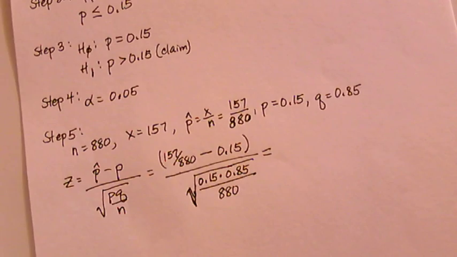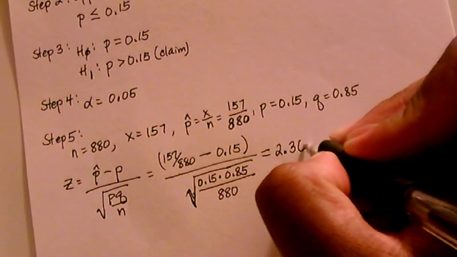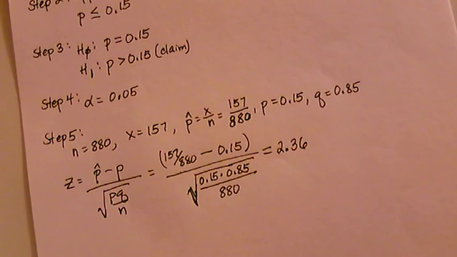Okay, so in this case here, your test statistic to 2 decimal places will be 2.36.